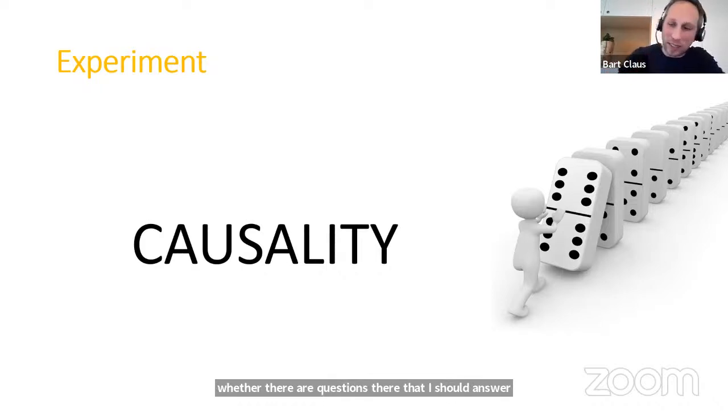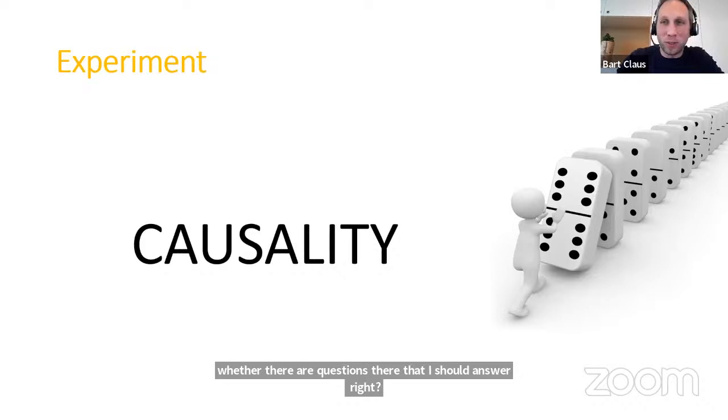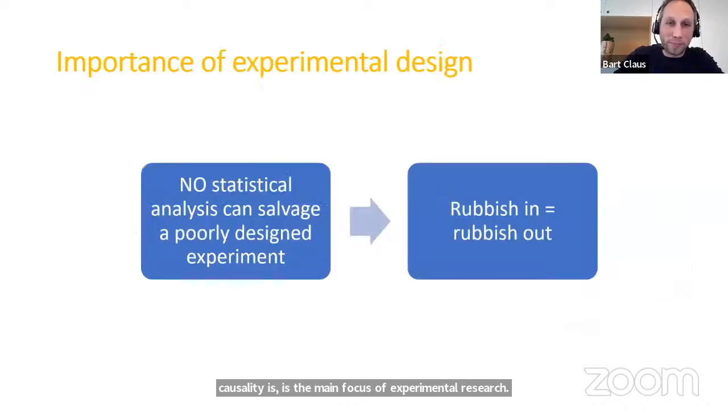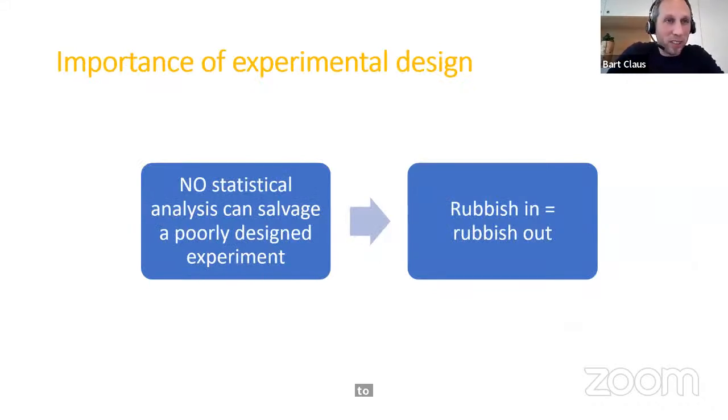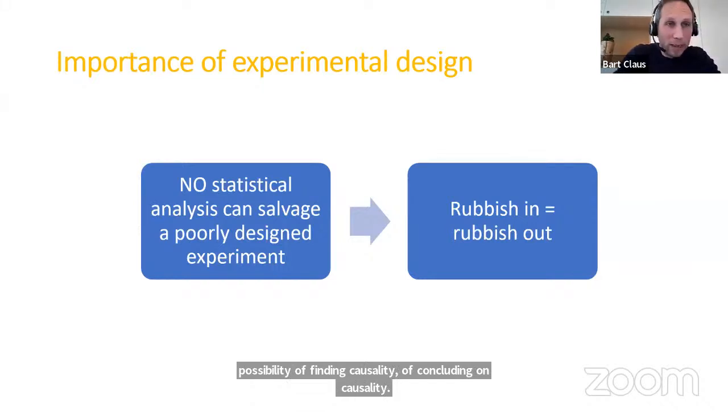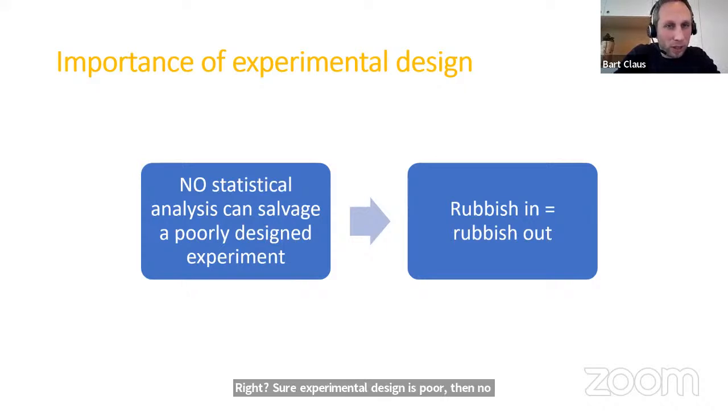So causality is the main focus of experimental research, right? And it's very important to realize that your experimental design either helps finding causality or destroys the possibility of concluding on causality. If your experimental design is poor, then no statistical analysis can save your conclusions. Rubbish in means rubbish out.